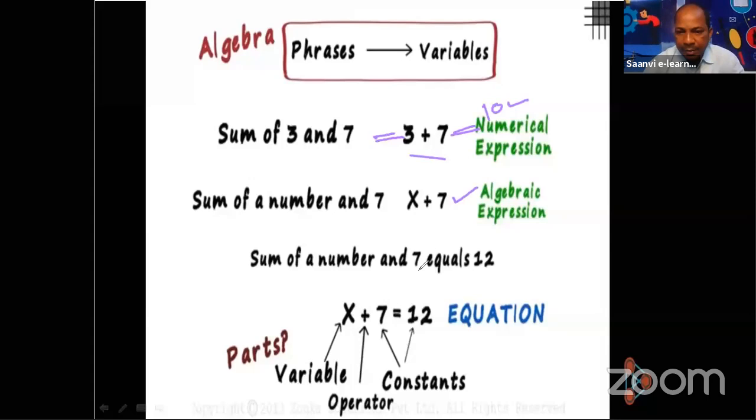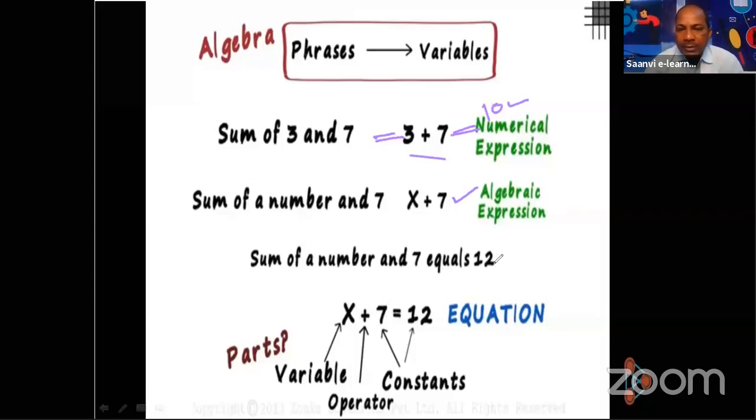What is an equation? Okay, let us see one example here. Here it is given sum of a number and 7 is equal to 12. Okay, sum of a number and 7 is equal to 12. Sum of a number and 7, just now we have discussed, is x plus 7.